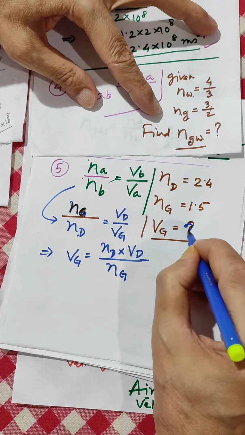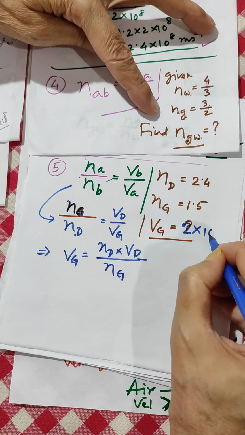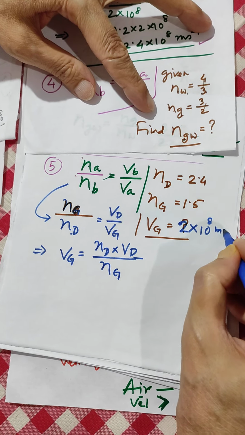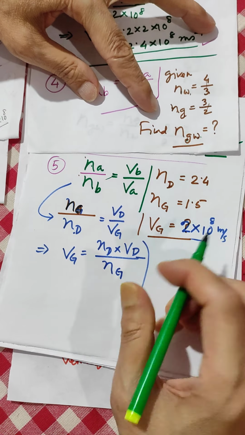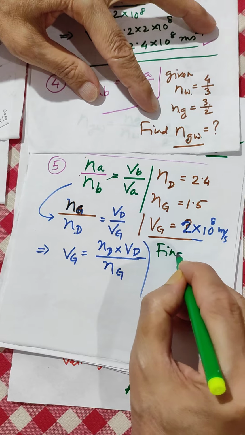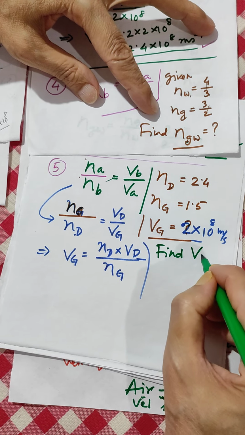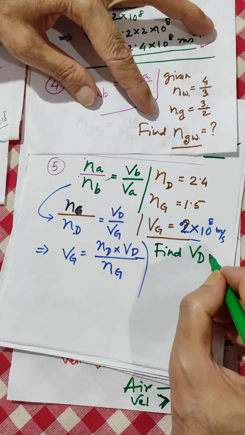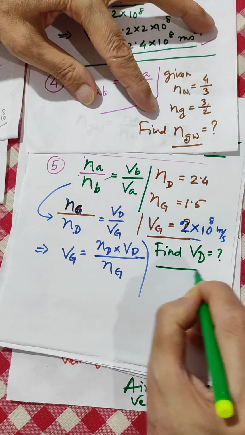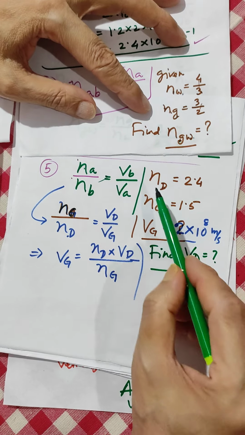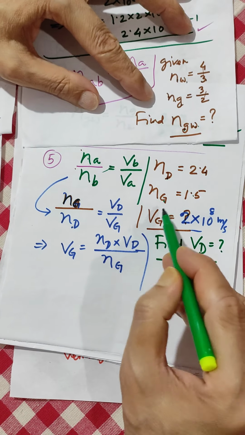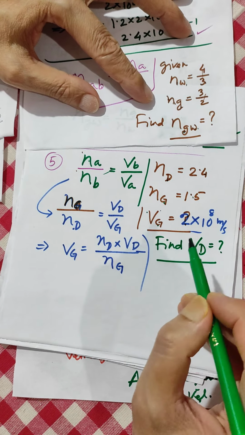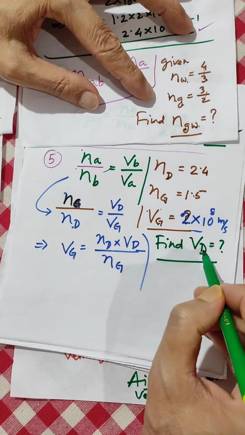This is not to be found, this is given actually, 2 into 10 to the power 8 meter per second. The question was to find velocity of light in diamond. I repeat the question. Refractive index of diamond is given, refractive index of glass is given, velocity of light in glass is given. So find velocity of light in diamond.